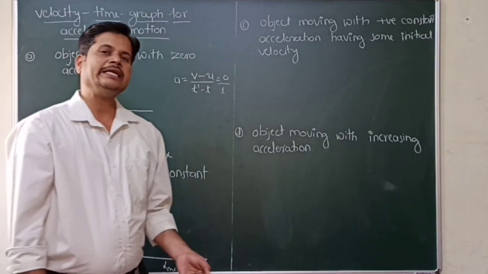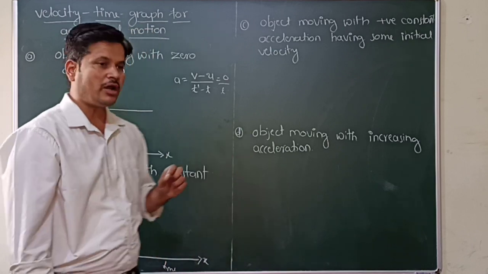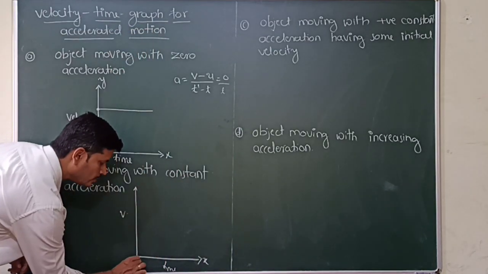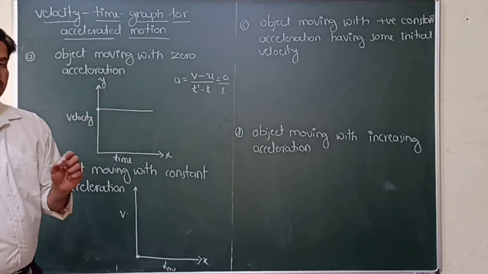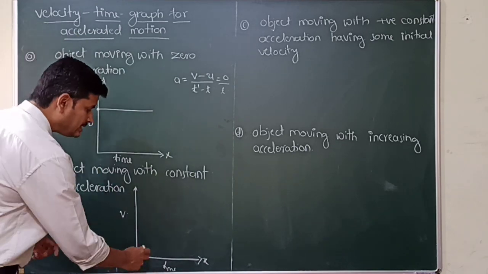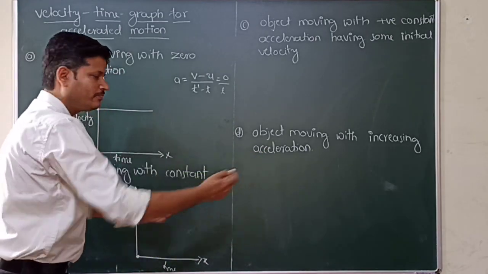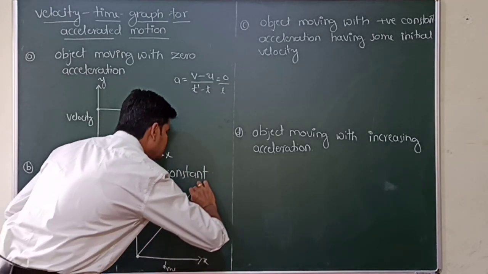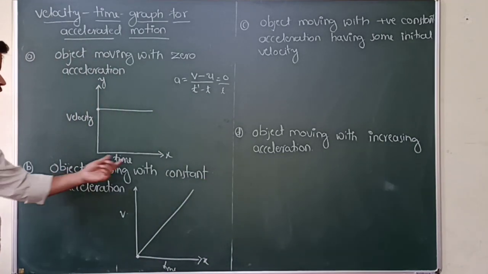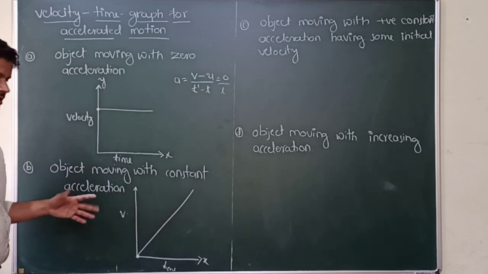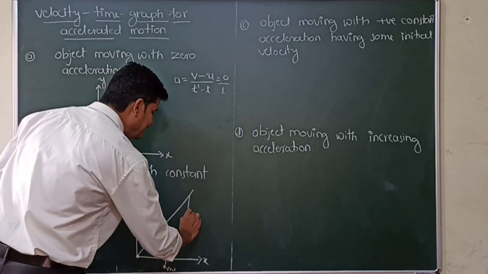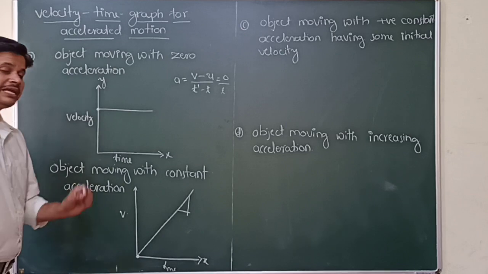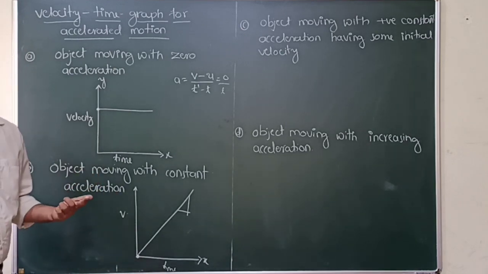The object has initial velocity 0, but as time goes on changing, the object moves straight with a constant acceleration. If you take the slope at any instant of time, you will get the same acceleration.